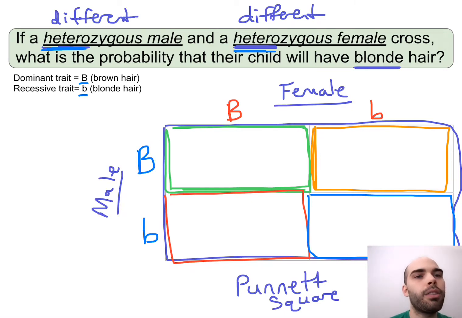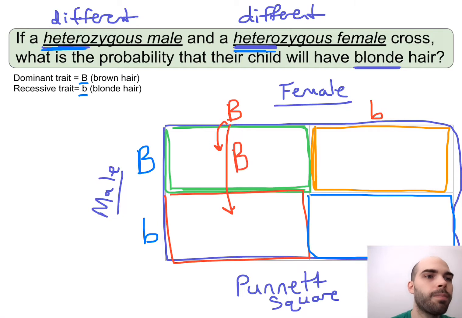Then we are just going to take the female's letters and put them in these boxes, moving straight down. So the capital B we put right here, the capital B we put right here. Do the same thing with the lowercase b.